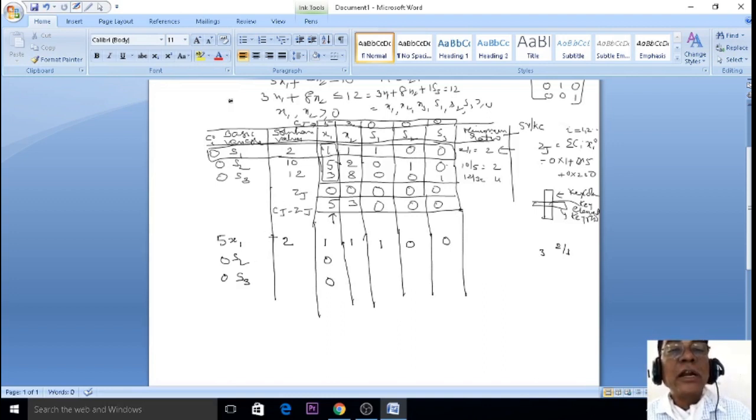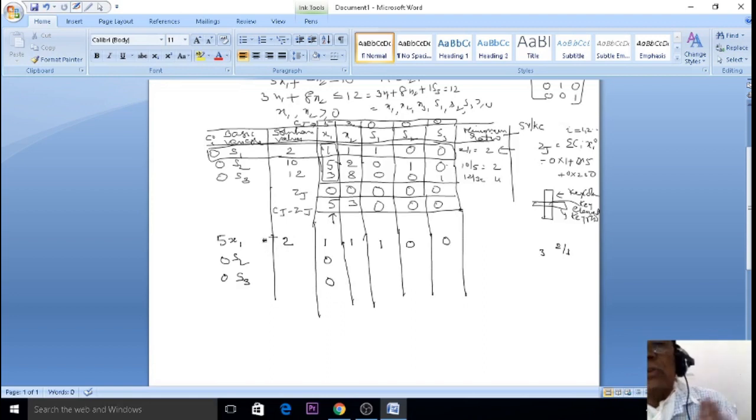If the key row and key column intersect here, remove 0 S1, write down 5x1 here. Next, because the key row is not here, write down 0 S2 and 0 S3 as they are. Now come to the key element. Divide it into all elements: 2 divided by 1, write down here. Sometimes if it is a 3, write down 2 by 3.